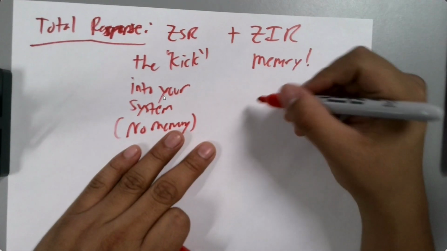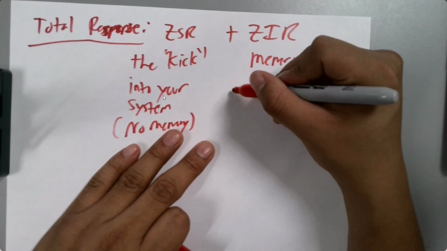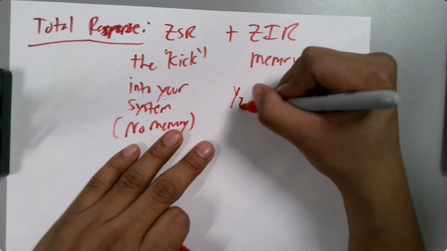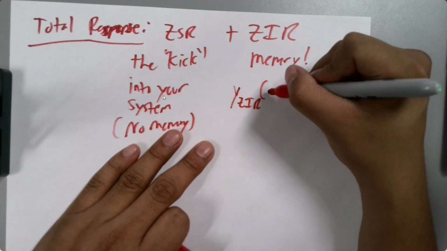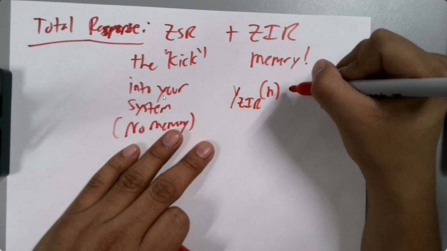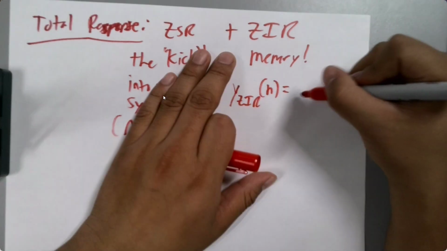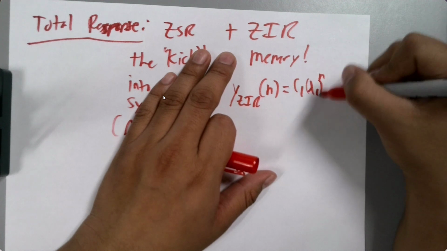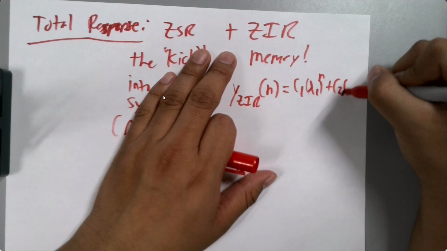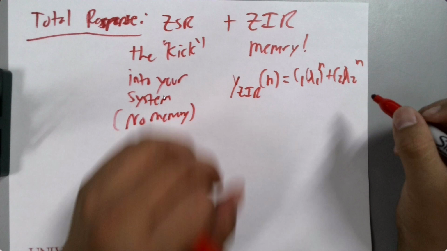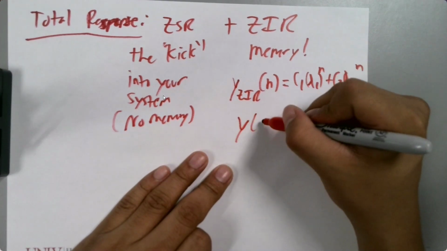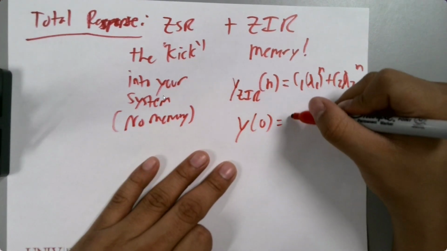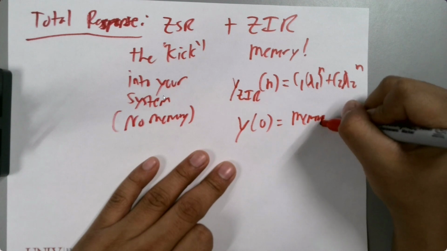So right now I'm just going to do something really random. y_ZIR[n] is equal to C1 lambda 1 to the n plus C2 lambda 2 to the n, right? Where he's going to give you y[0] is equal to memory.